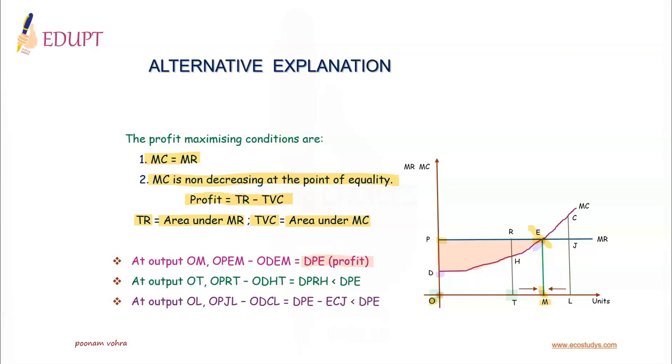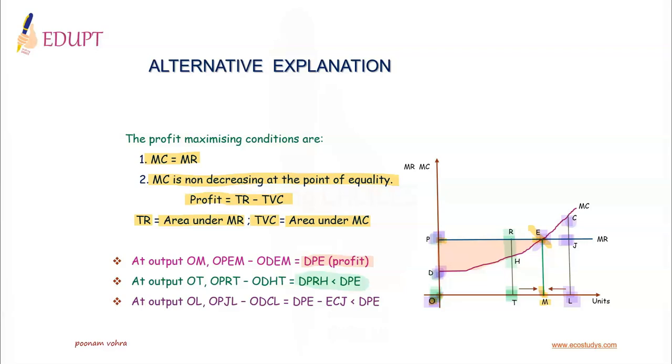At output OT, the area under marginal revenue is O, P, R, T, and the area under marginal cost is O, D, H, T. It implies that D, P, R, H is less than D, P, E. And at output OL, the area under marginal revenue is O, P, J, L, and the area under marginal cost is O, D, C, L. That means the area left is DPE minus ECJ.